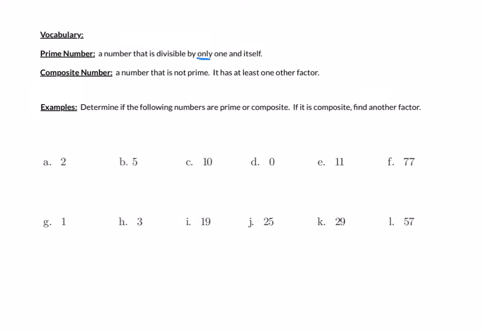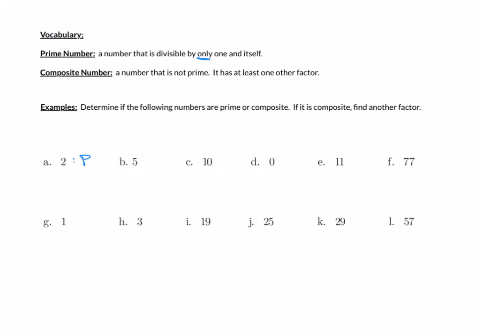Okay, so we want to know if the following numbers are prime or composite. If it is composite, we want to find another factor. So example A, the number 2. 2 is a prime number. It is the only even prime number.